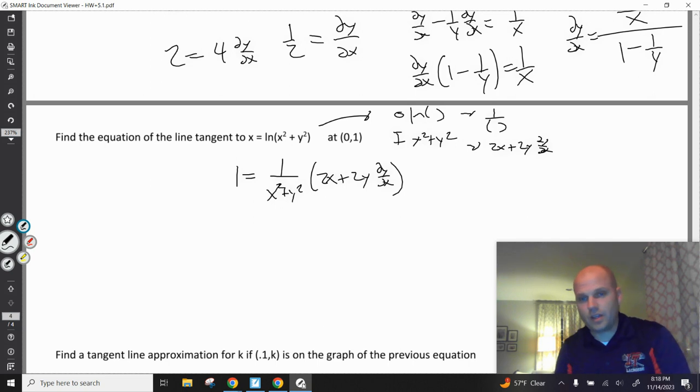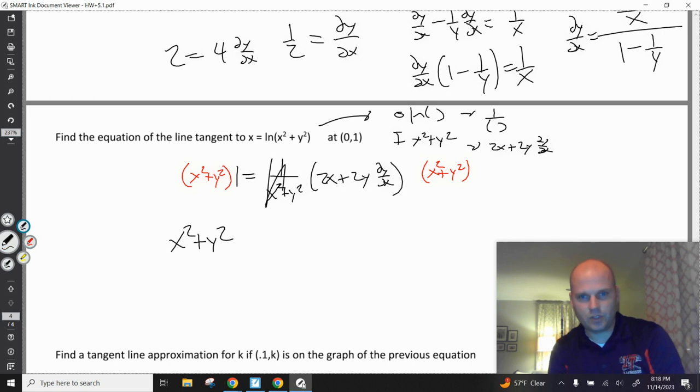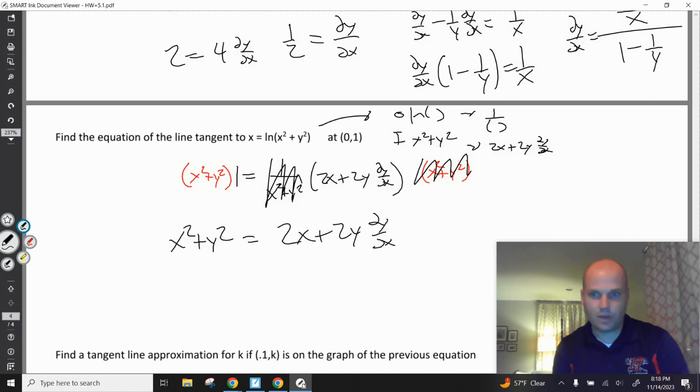This is an example of like, you don't always have to distribute to get rid of parentheses. You don't have a dy dx on this side. I'm going to multiply by x squared plus y squared. Now, what that enables us to do is like, this goes away. It's dividing by x squared plus y squared, multiplied by x squared plus y squared. That goes away. And we get this. And then all of a sudden, it's like, subtract 2x, divide by 2y.